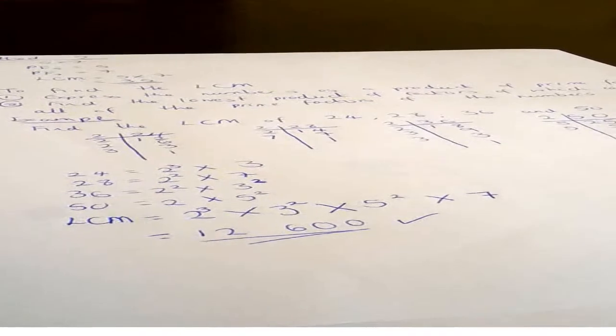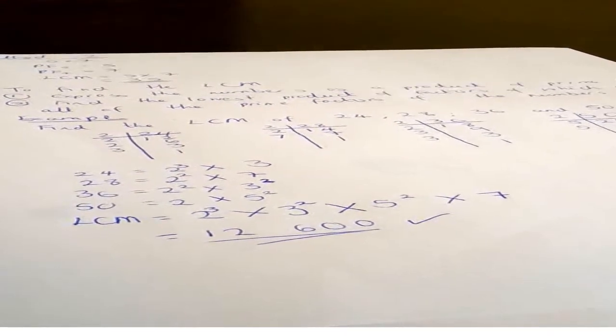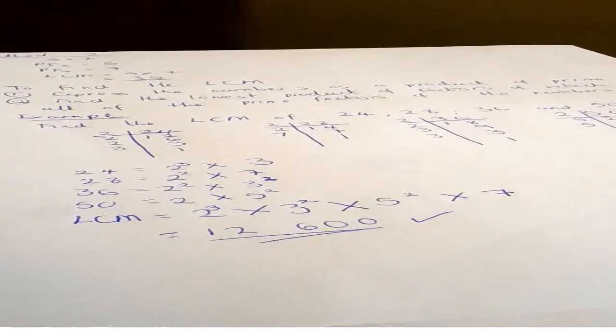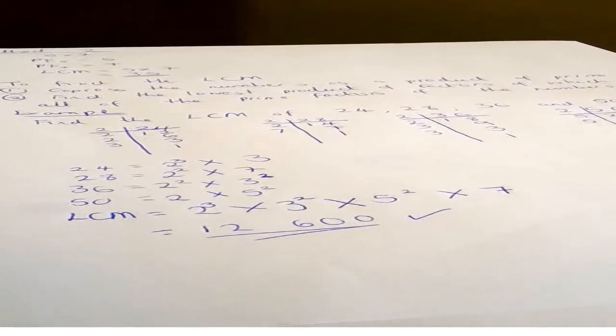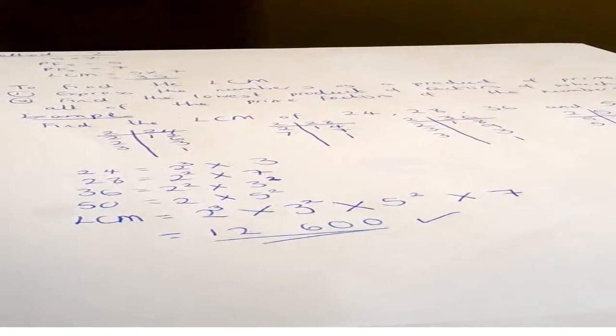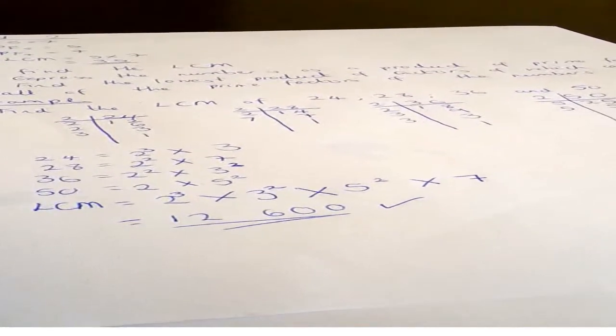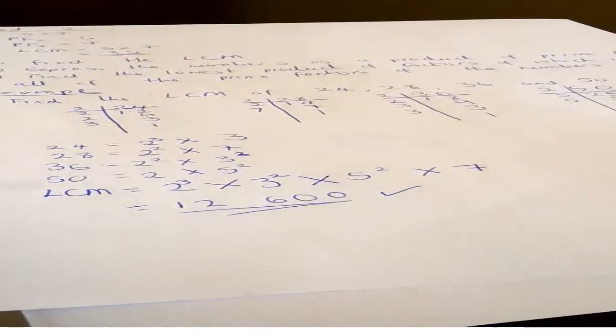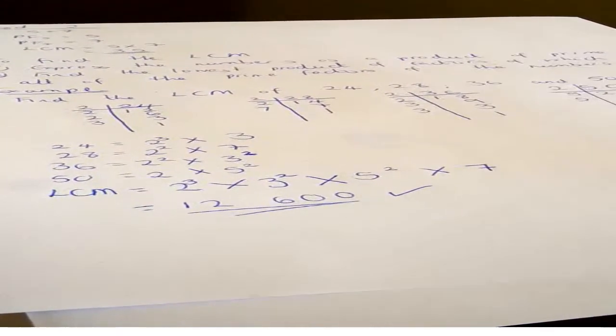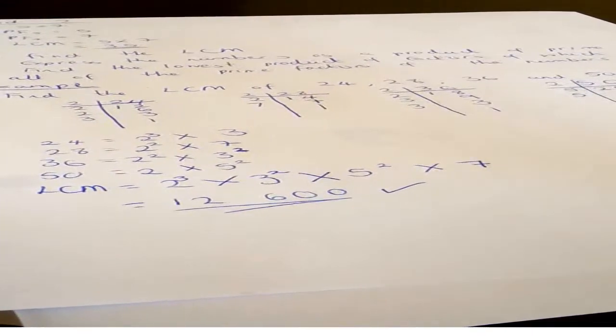As a recap, what did we say? We said the lowest common multiple is the lowest of the common multiples of the numbers. So according to our last example, we said that the first thing we do is to write the numbers as products of their prime factors, which we did here. We wrote them down in index form. Then the next thing that we do, we find the prime factors that are contained in all the numbers, and then write them at the highest powers that are available.